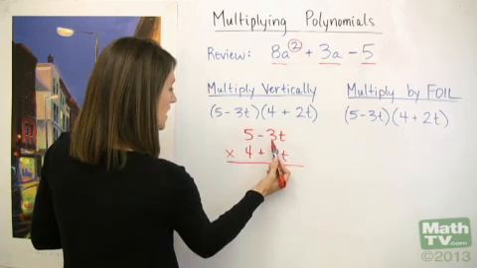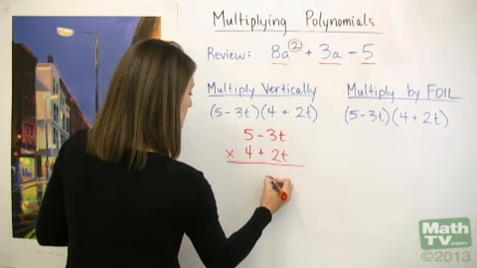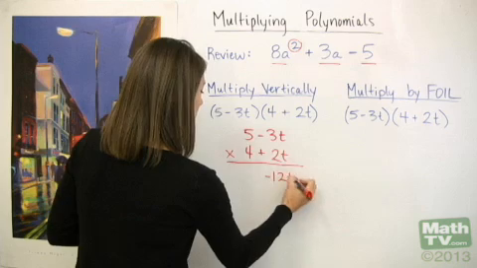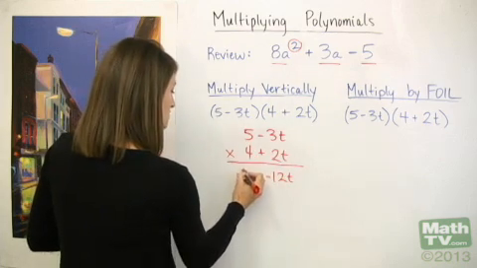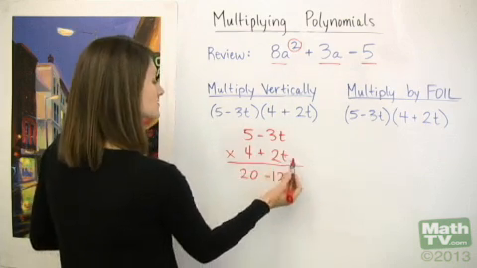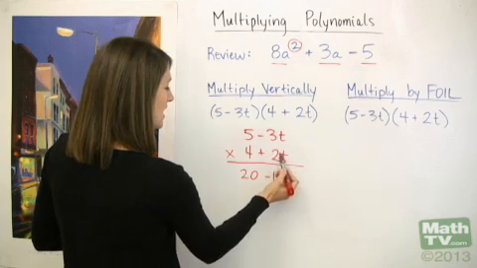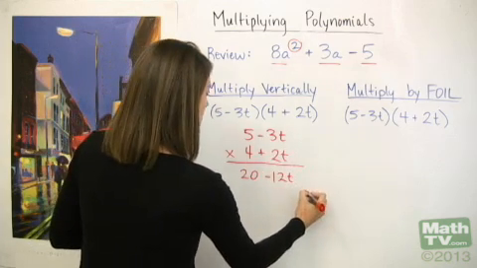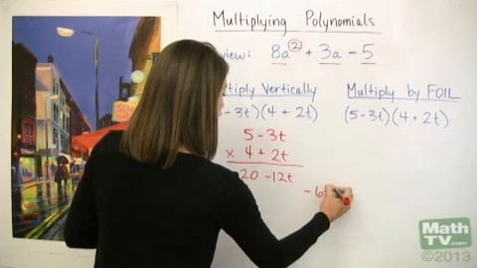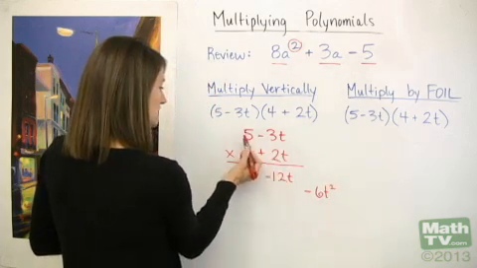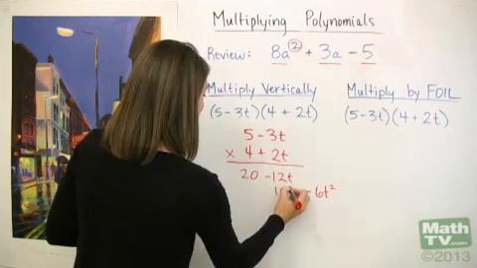We'll do 4 times negative 3t, which is negative 12t. And then 4 times 5 is 20. And then the second term, 2t times negative 3t, gives us negative 6t squared. And then 2t times 5 is 10t.